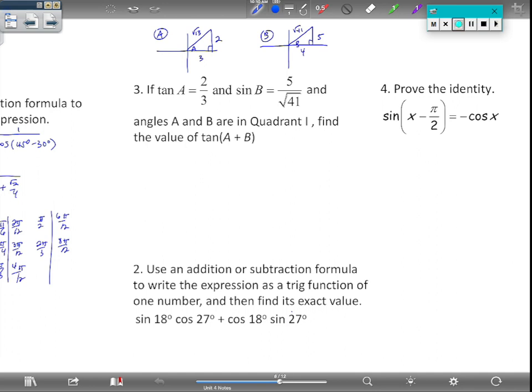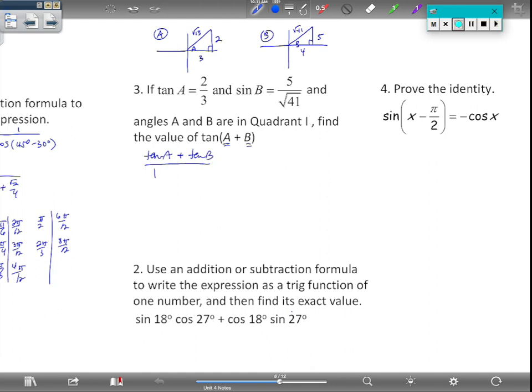All right, so here we go. Tangent plus tangent. So let's remember, I'm just going to write the formula. A would be the first one in this case, B is the second. In the numerator, if you will recall, we would have tangent A, and since this is adding, it's going to be plus tangent B. In the denominator, remember it's always a 1.